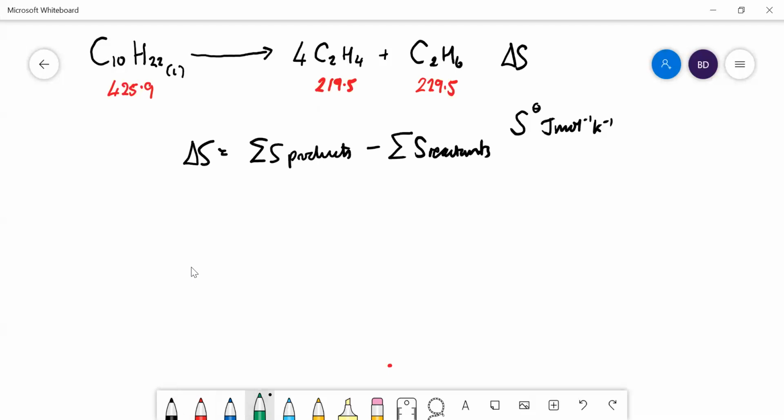How do we work that out? Well, we've got to times this value by 4, and then add it to that one, and that comes out to be 1,107.5.